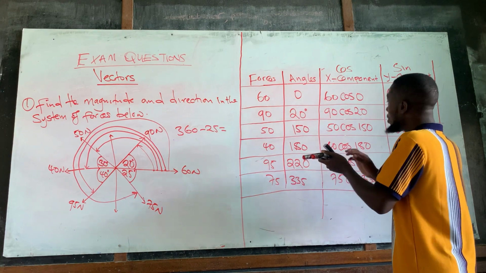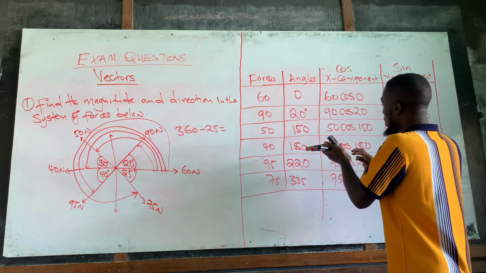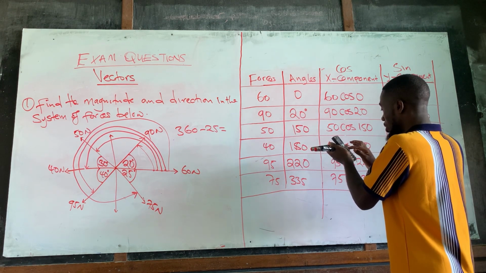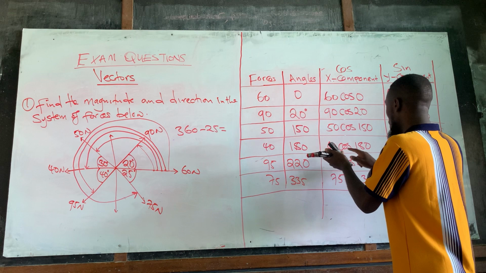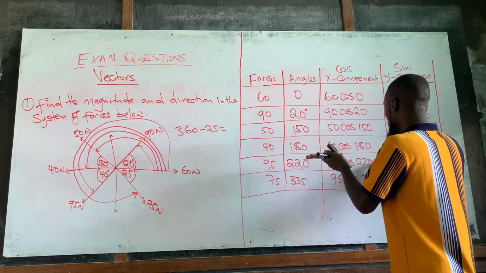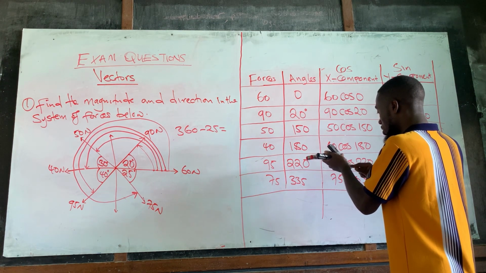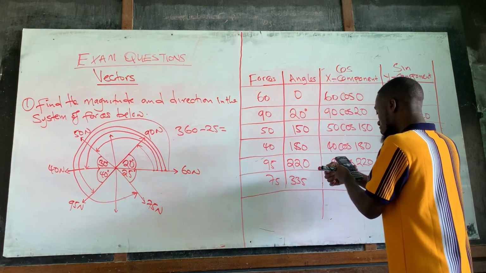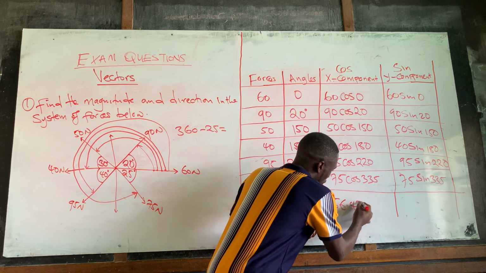So say 60 cos 0 plus 90 cos 20 plus 50 cos 150 plus 40 cos 180 plus 95 cos 220 plus 75 cos 335, which is equal to 56.47 newtons there.